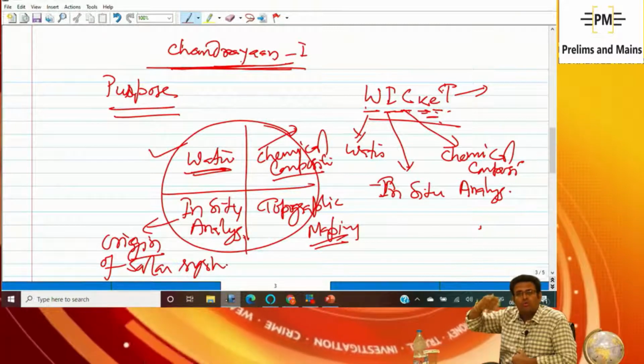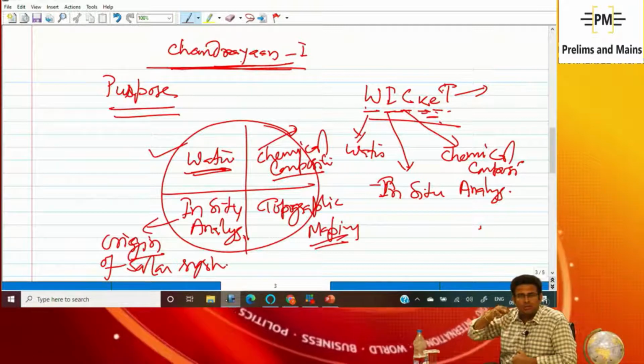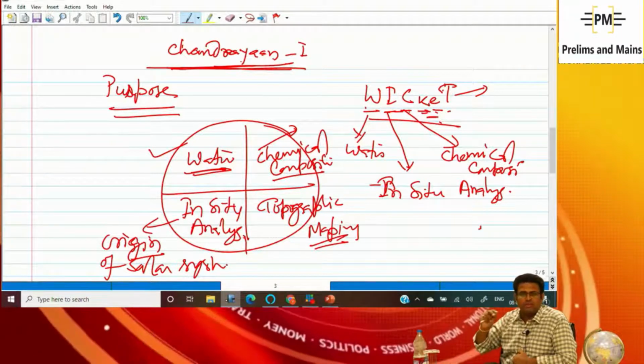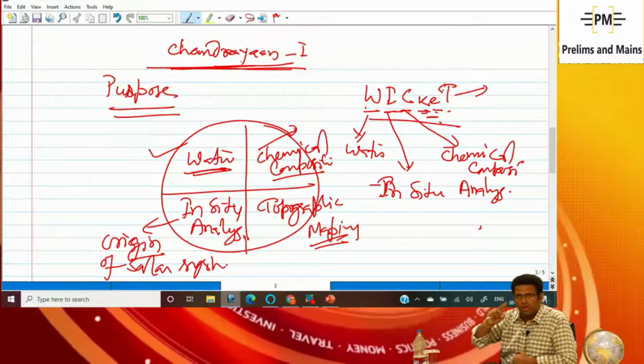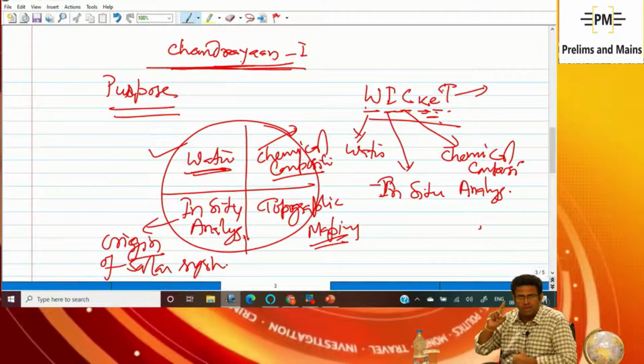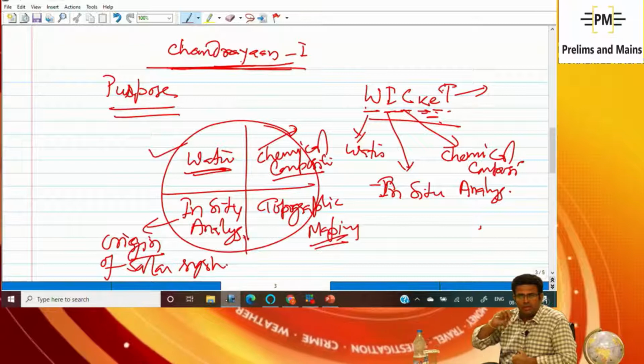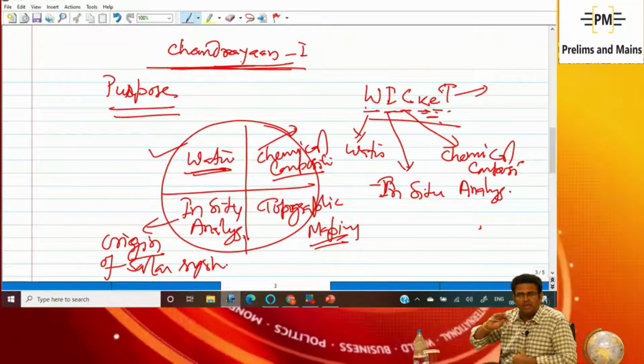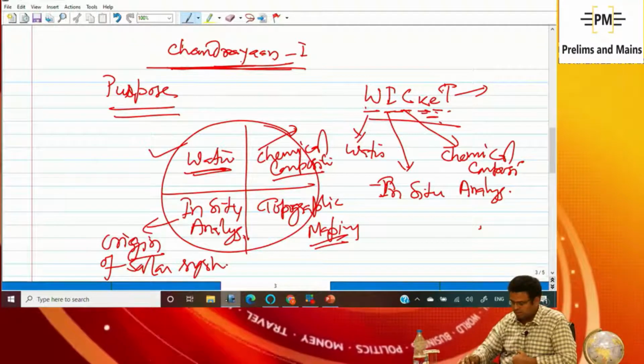In this they want more improved and more latest knowledge in Chandrayaan 2. So this is the only difference between Chandrayaan 1 and Chandrayaan 2 when I teach you the purpose of Chandrayaan 2. This time they want improved knowledge about all this in Chandrayaan 2.